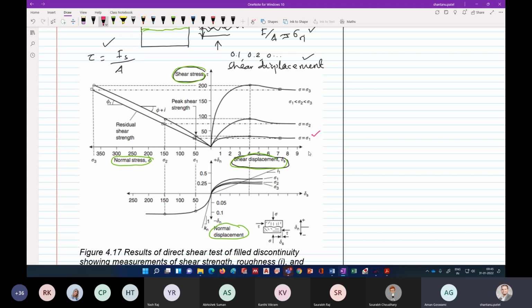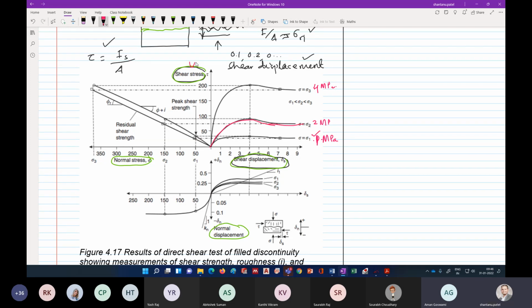Let's say this is with a small value of confinement, maybe 1 MPa. This is 2 MPa. This is 4 MPa. When you do this kind of test, we get this kind of curve.